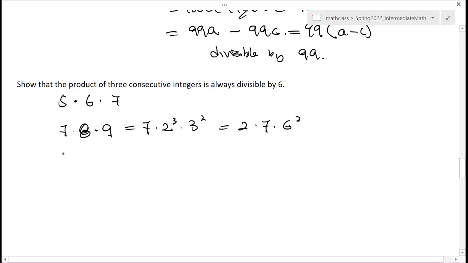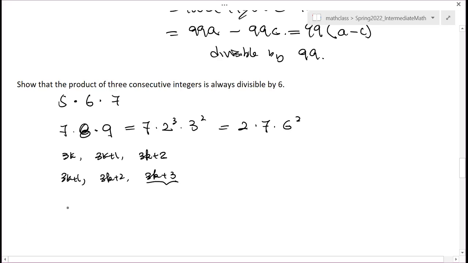So it could be 3k, 3k plus 1, 3k plus 2. Okay. So you have a factor of 3 there. Right. So the product is going to be divisible by 3. Okay. Now, if you begin with 3k plus 1, then you have 3k plus 2, 3k plus 3.